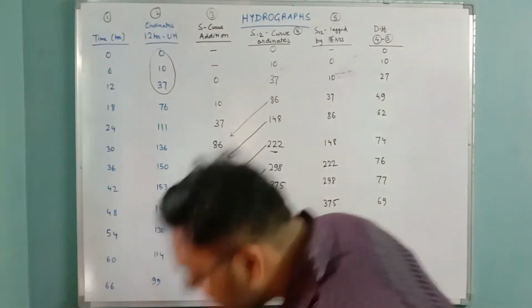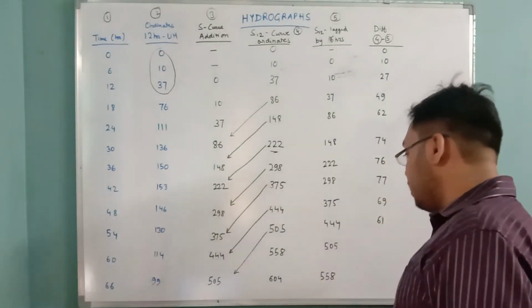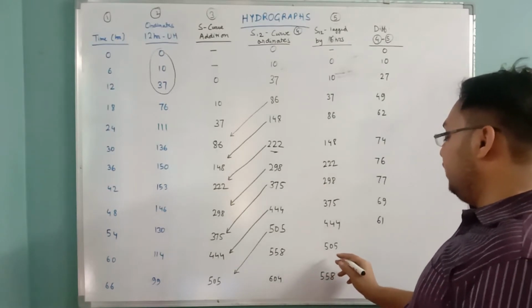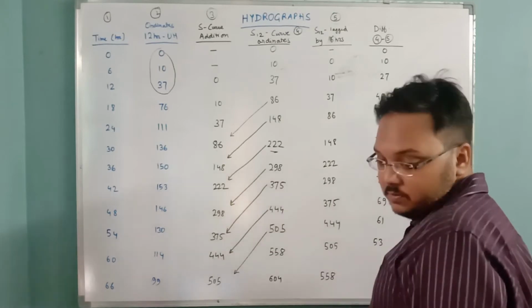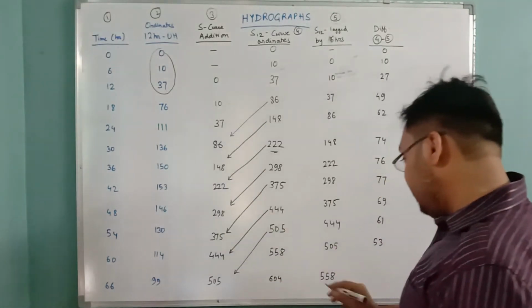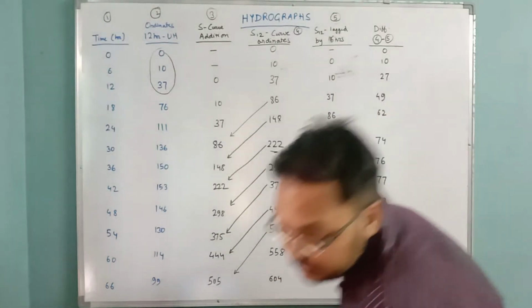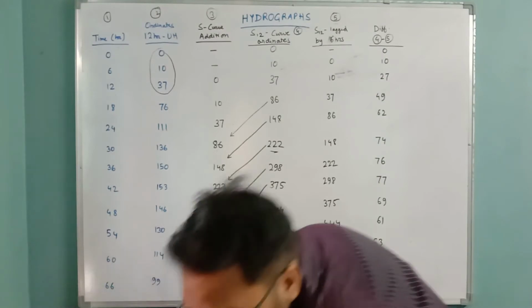Yes, 61. 558 minus 505 is 53. 604 minus 558 is 46.